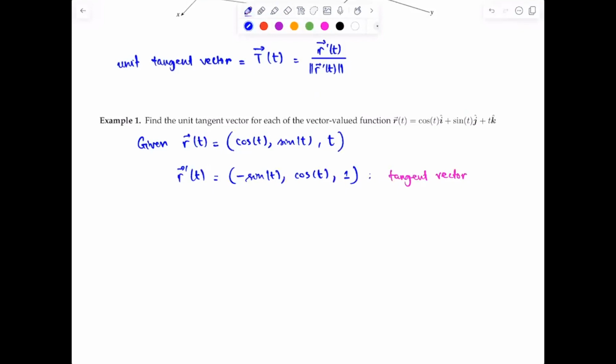So next, you need to find the magnitude of the tangent vector. That is equal to the square root of negative sine of t squared plus cosine of t squared plus 1 squared.